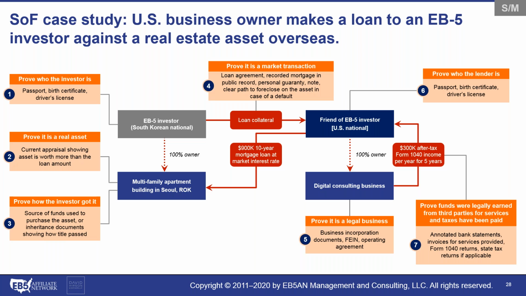Then shifting over to number 4, a loan agreement showing that the money's been loaned, and it's not a gift, and that the collateral or security for that loan is a mortgage, right? Or a lien, whatever the appropriate documents are locally to reflect that if the investor doesn't pay the mortgage payments as described in the loan agreement, then there's some clear path for the lender, in this case the friend, to foreclose on the collateral.